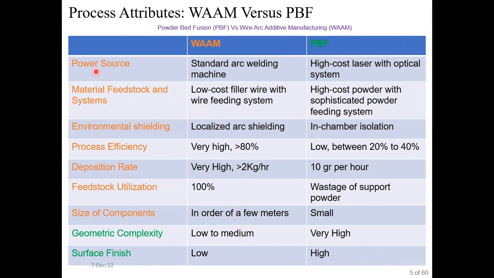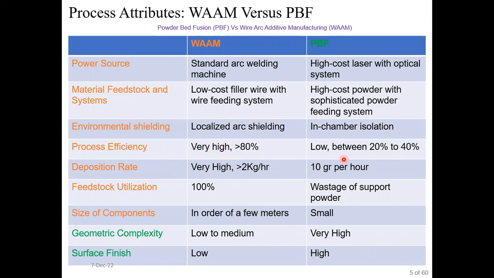However, the power source, which is the prime constituent of any metal additive manufacturing process, is a standard arc welding process in WAAM, compared to a very high cost laser with optical system in PBF process. Apart from that, process efficiency is greater than 80% as found in any arc welding process.